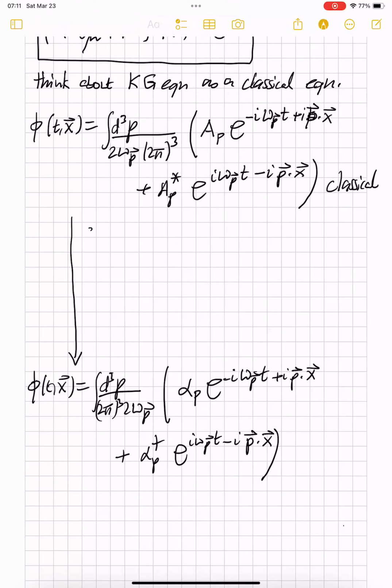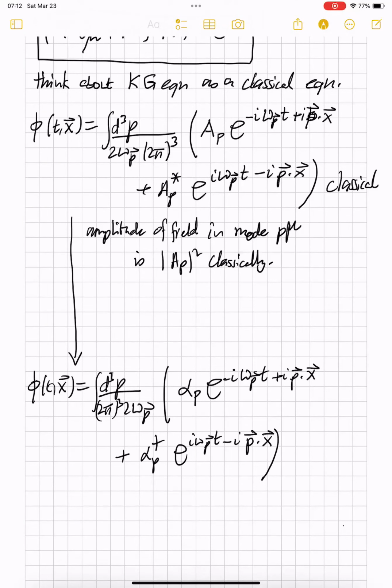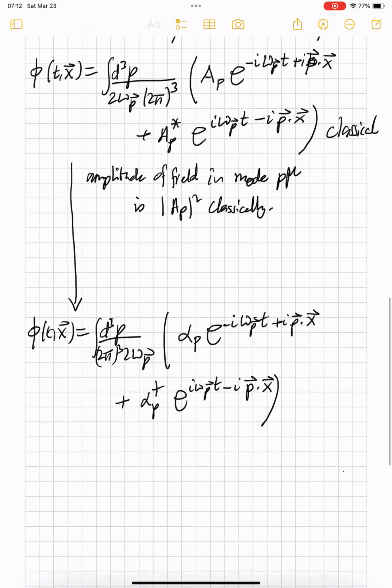So the amplitude of the field in the mode labeled by some four-momentum p mu is, classically, the mod of a p squared. Just the magnitude of the amplitude squared.